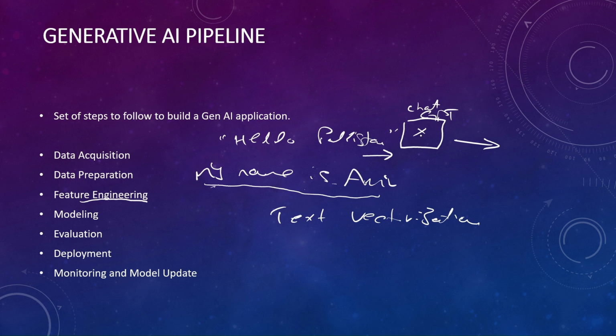It is not able to understand text as it is. So the purpose of text vectorization is to convert text into numbers. Wherever we have any type of model, it only recognizes numbers.